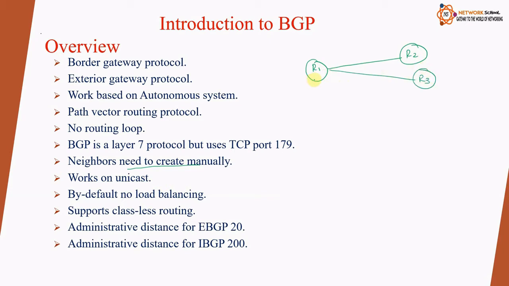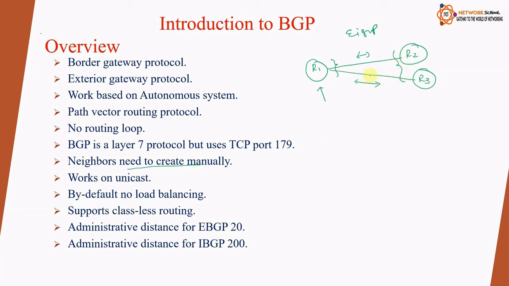I am using the protocol EIGRP between router 1 and router 2 and between router 2 and router 3. We just need to go to router 1 and advertise the IP address of this interface, and go to router 2 as well as router 3 and advertise the IP addresses of these two interfaces.